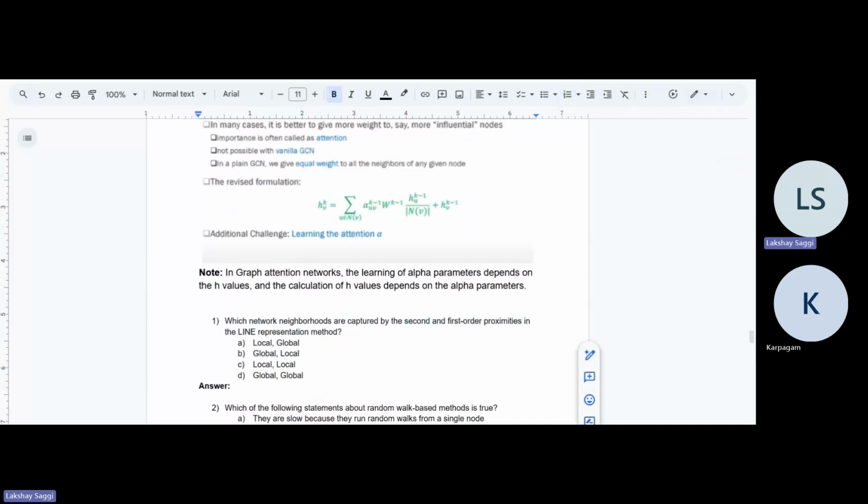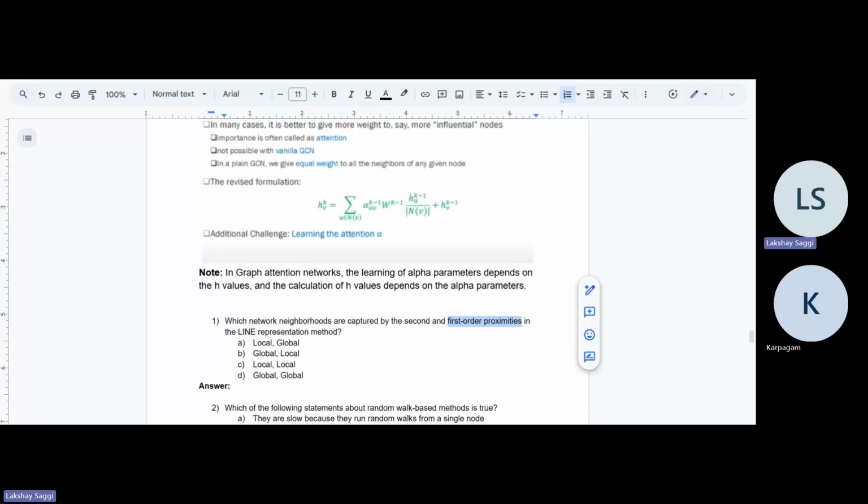Let me tell you again what first order and second order proximities are. First order proximities in the LINE network are essentially the nodes which are directly connected to each other. If two nodes have a direct edge, that's what we account for in first order proximities.